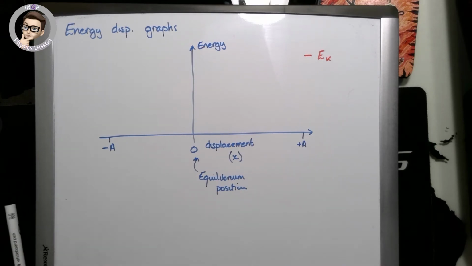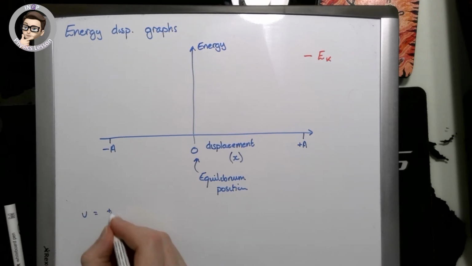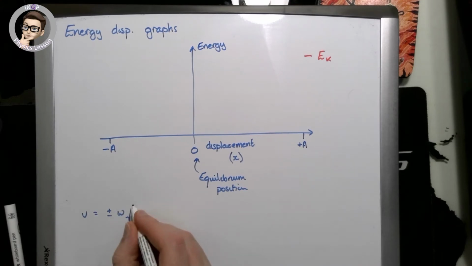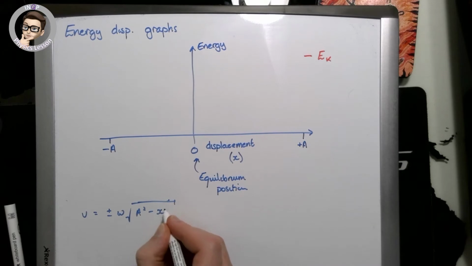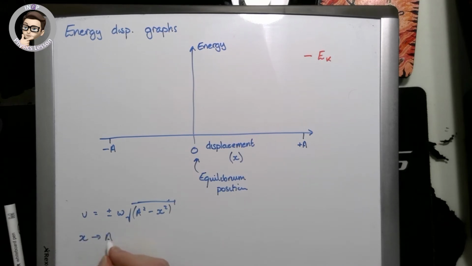Let's go back to that value for v, because we know that v is going to be proportional to our kinetic energy. So v was equal to plus or minus omega root a squared minus x squared. If we think we're at plus a, well, plus a squared means I've got a squared minus a squared, which is going to be 0. So if x is a, then v is going to be 0.